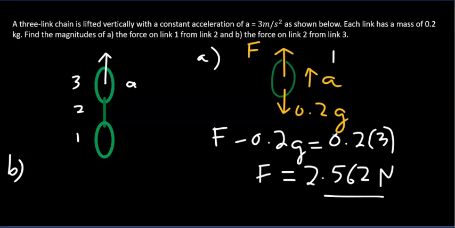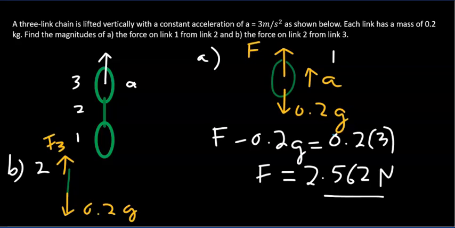Let's look at part B. Now link 2, so that is link 2. What are the forces acting on link 2? So of course link 2 has its weight, which is 0.2 g. It has force from link 3, which is what we want to calculate. Let's label it as F3.